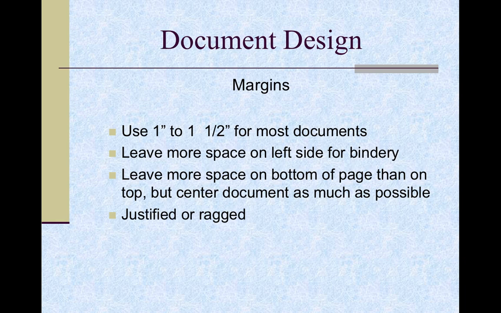Whereas on the right side, we have a ragged right edge. In other words, the words don't end on the same line. They're not aligned on the right. So they're ragged, they're uneven. Okay, so whether you decide to have your margins justified or ragged makes a difference on how your document uses white space.